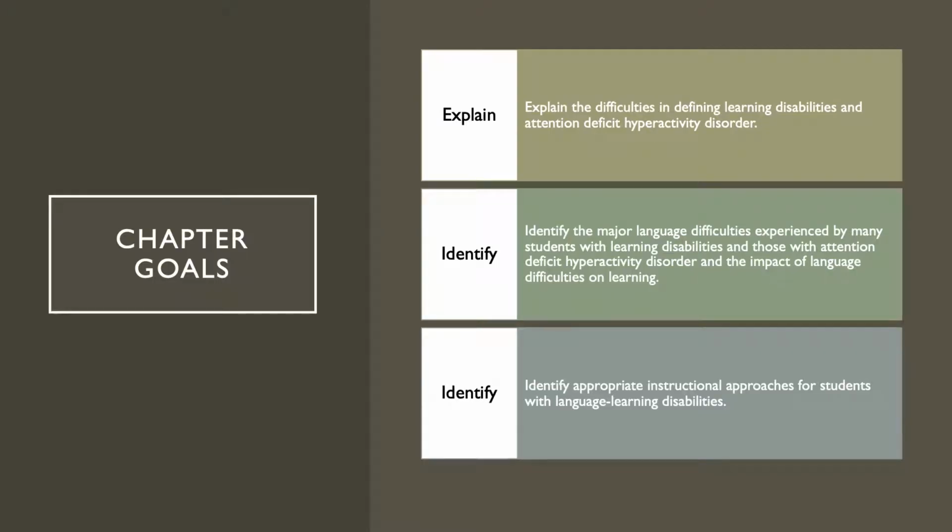Our goals, which are always included at the beginning of your chapter, this time are to explain the difficulties in defining learning disabilities with ADHD, identify the major language difficulties that are often experienced by students who have ADHD, and then of course identify the appropriate instructional approaches for these students who have ADHD combined with a language learning disability.